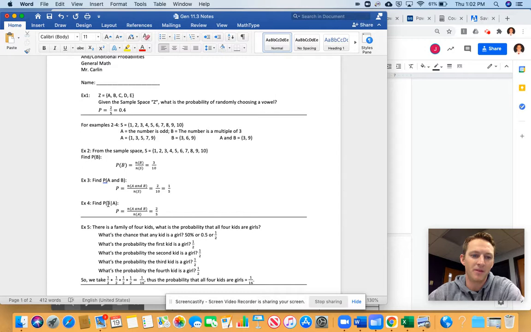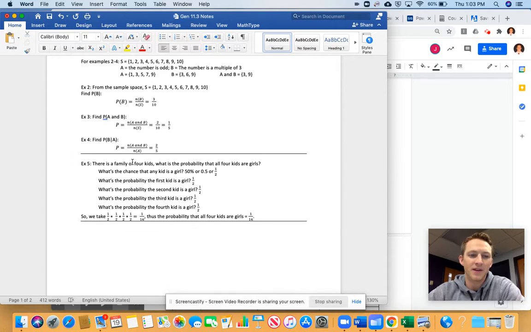We have the probability of B given A. So we're going to find the number of elements in A and B. So of both of these combined, that's 2. And then we're going to find the number of elements in the second set right here. So the number of elements in A is 5. So our probability of B given A is 2 over 5.